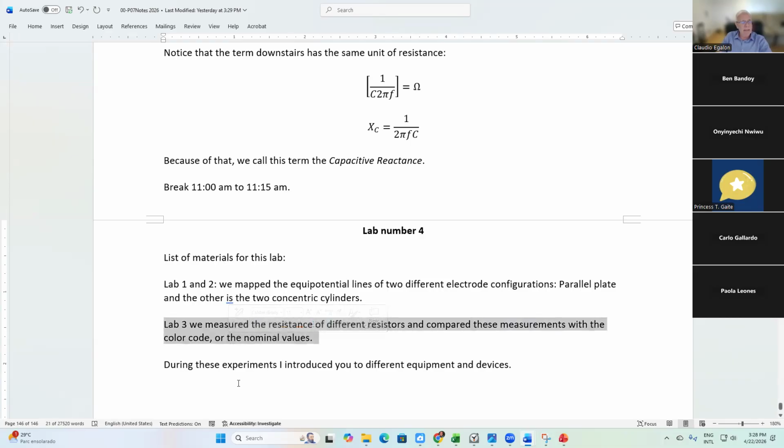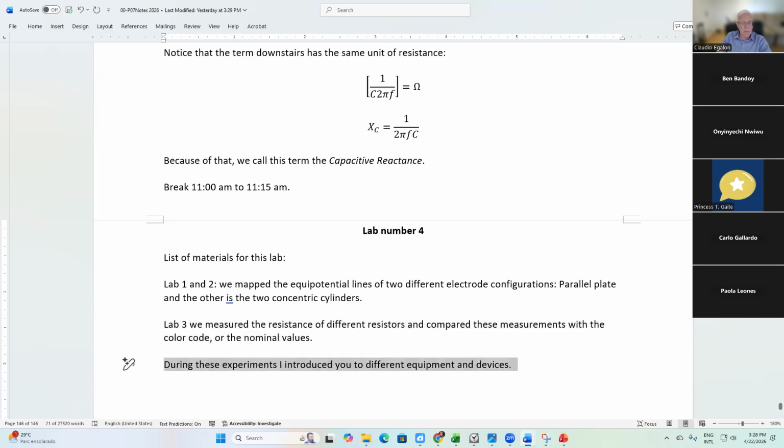We plotted the resistance values obtained with the multimeter against the resistance value obtained with the color code. That's what we did, the nominal value.